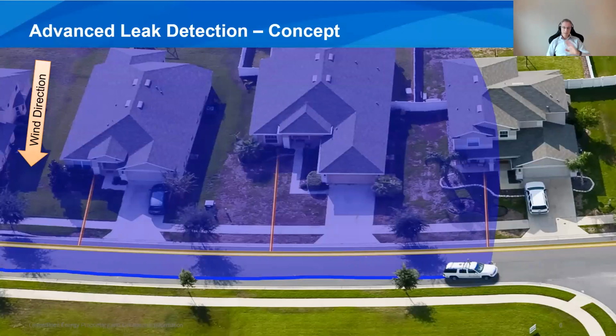And we illustrate this with this blue shading area, which we call the field of view. The field of view is a computed concept that is dependent on the wind direction and the wind speed. So effectively, as you drive, this area shaded in blue has been surveyed and has been covered in terms of ALD detection.